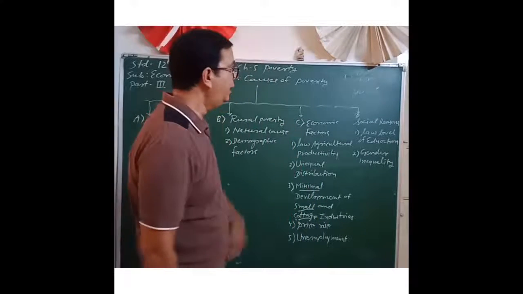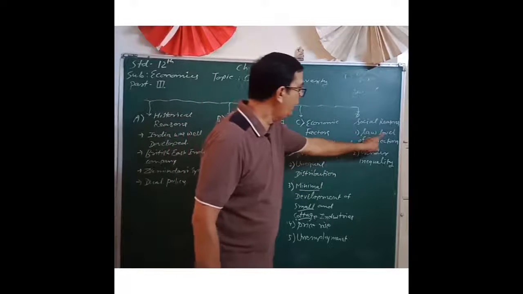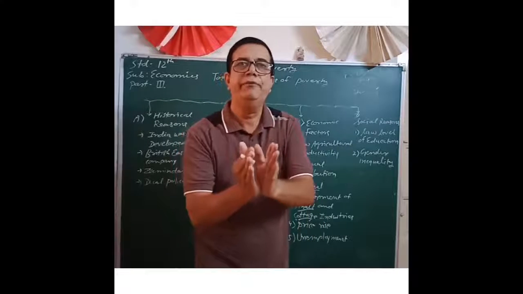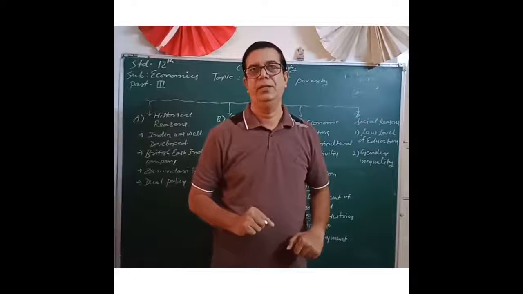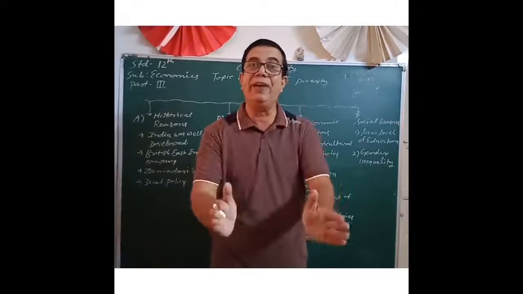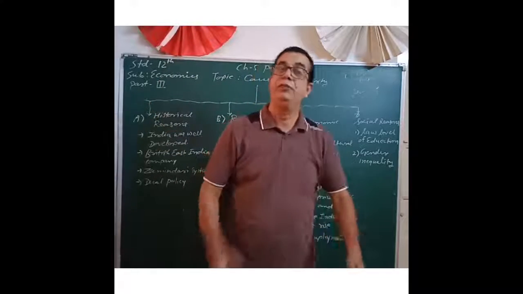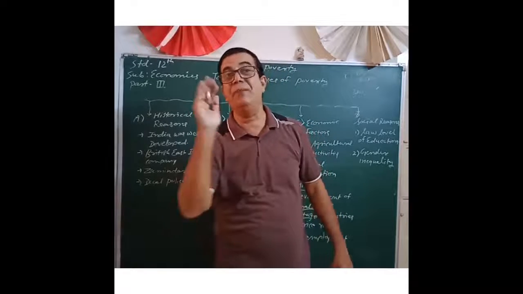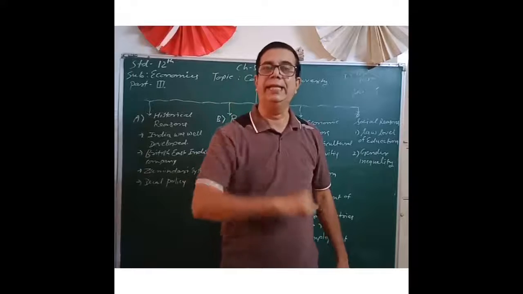Now the fourth one, social reasons. First is the low level of education. The Indian farmer is poor and illiterate, and because of that they can't use scientific methods in the agriculture field. They use old methods, and because of that there is low productivity in the land.